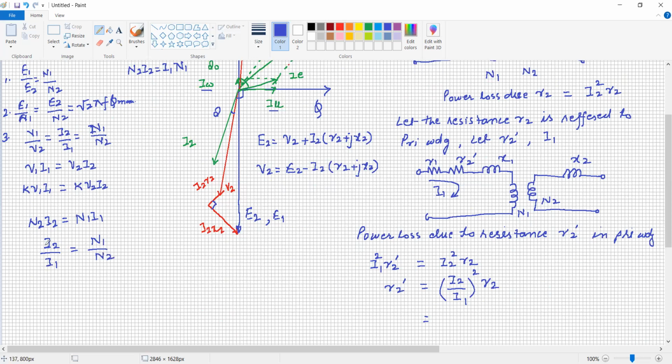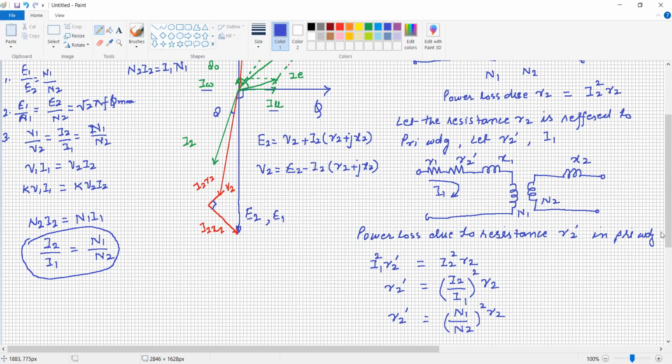By this relation, if you put the value of I2 upon I1 here, R2 dash becomes equal to N1 upon N2, bracket square, into R2. This is the resistance referred from the secondary winding to the primary winding, and it is indicated as R2 dash.